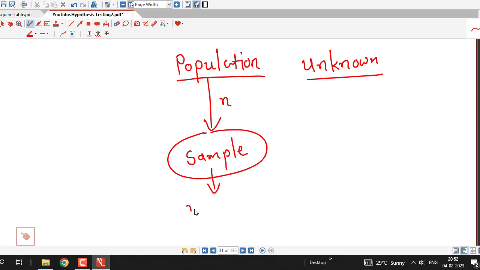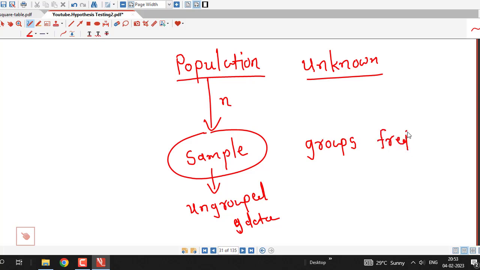Suppose the sample data is ungrouped or raw data, then first we arrange that data into different groups. So we will have groups and corresponding frequencies.